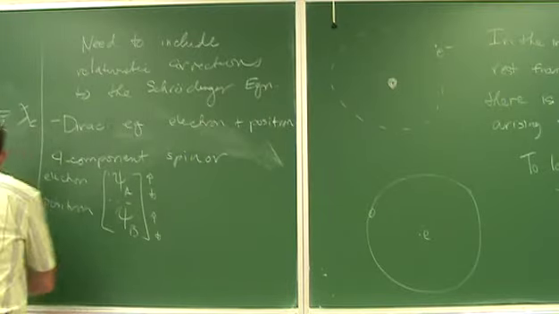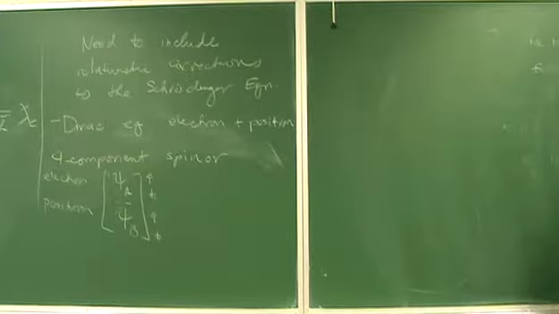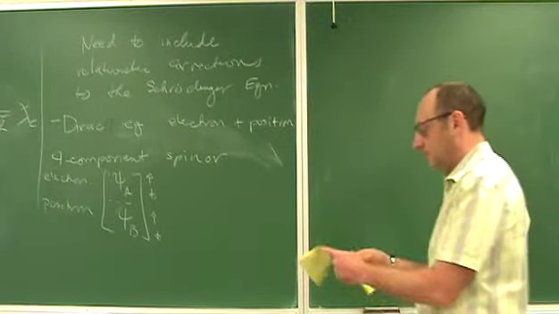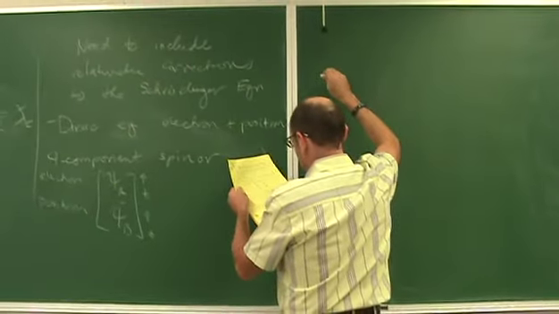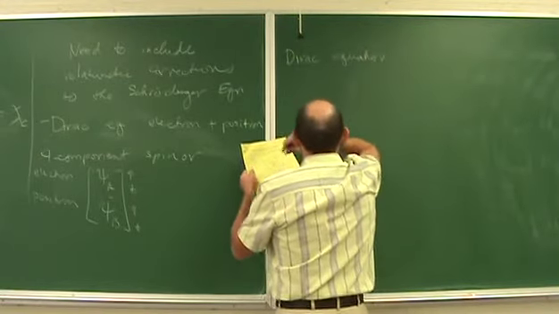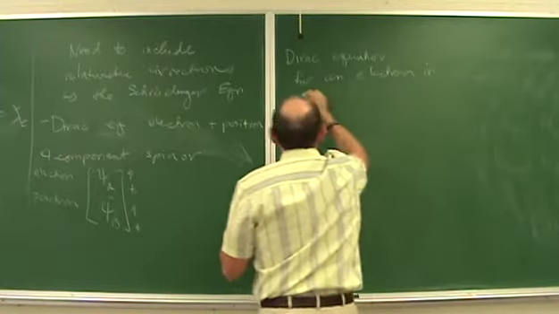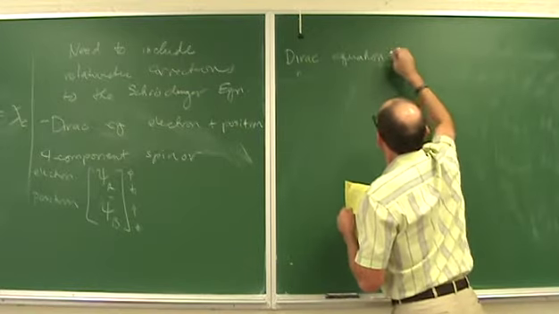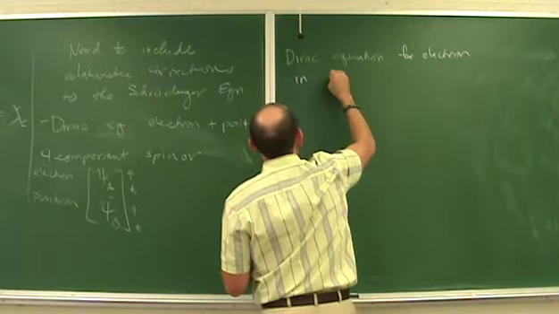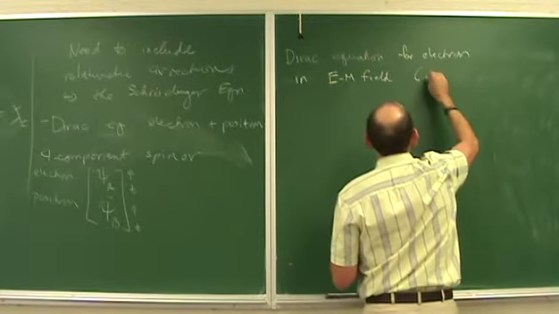Right. So, I'll come to the next board. So one way to write the Dirac equation is, for an electron in an electromagnetic field, and the electromagnetic field is written in terms of the electromagnetic potential.